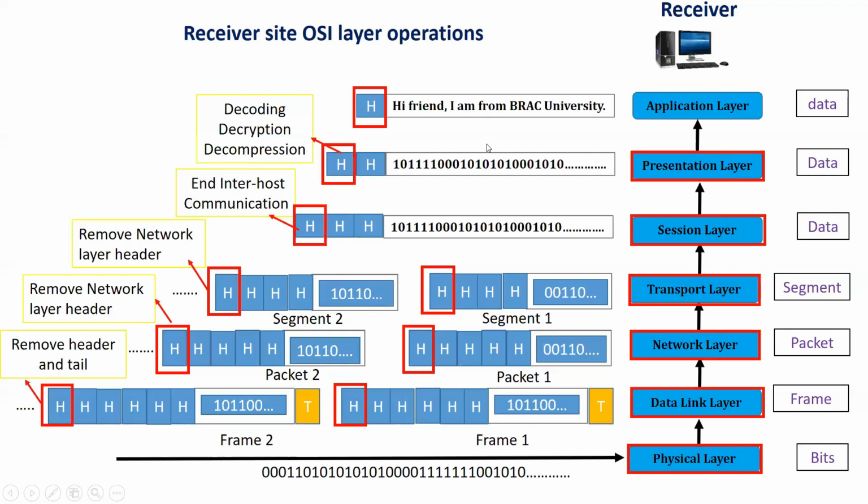So finally, from the application layer, the receiver accepts the information, reads the email, or interacts with different types of applications. So here from the application layer, the receiver will accept the Gmail that the sender has sent. So this is actually the procedure on the receiver side.